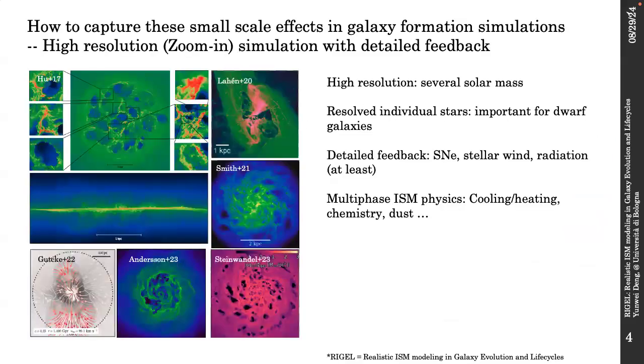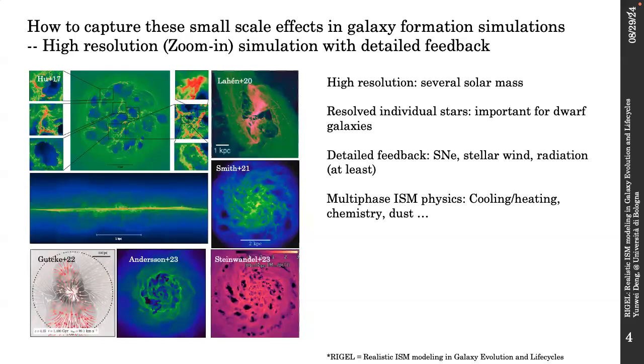To accurately capture these small-scale effects in dwarf galaxy simulations, recent state-of-the-art dwarf galaxy simulations have achieved an extremely high resolution of several solar mass. At this level of resolution, individual stars can be resolved, allowing us to track their evolution and their multi-channel feedback directly through various channels, star by star.